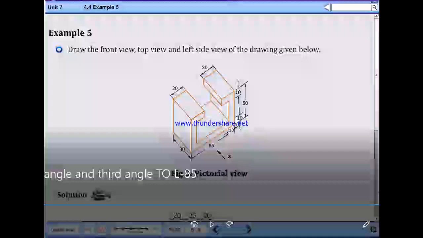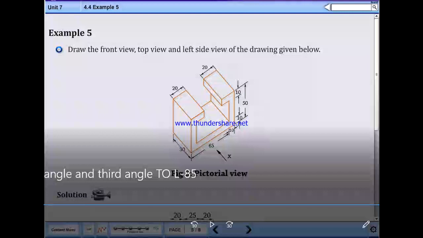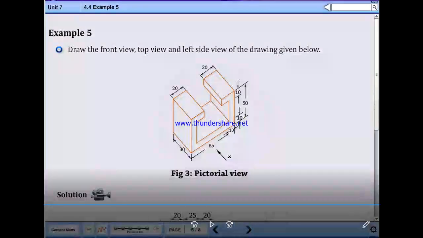Note down the first question. Draw the front view, top view, and left side view of the drawing given below.